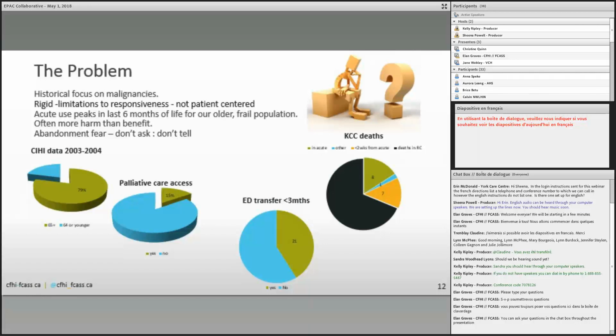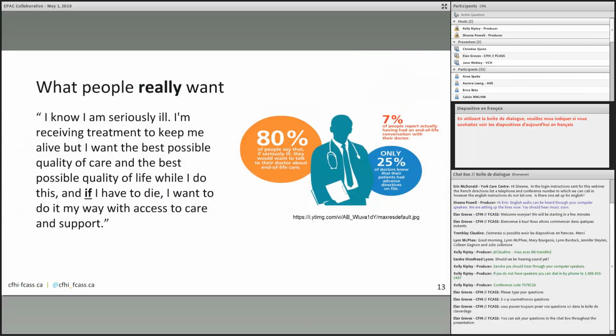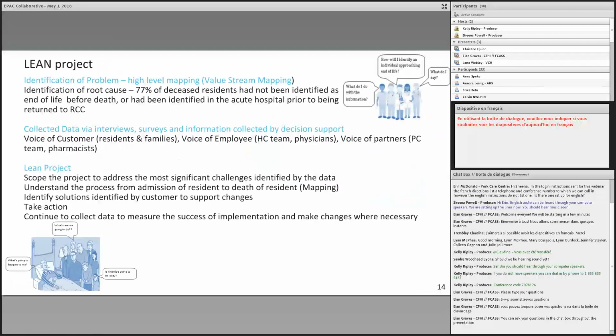So we knew there was a problem, because looking at what people really want, people tell us they know they're seriously ill, they're having treatment, but they actually want to have that quality of life right up until the end. And 80% say that they would like to talk to their doctor about end-of-life care and the things that matter to them, but actually only 25% do.